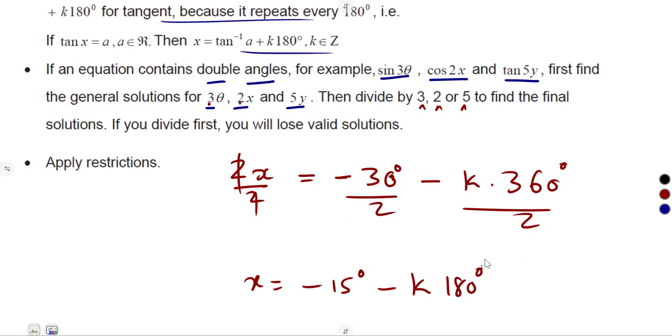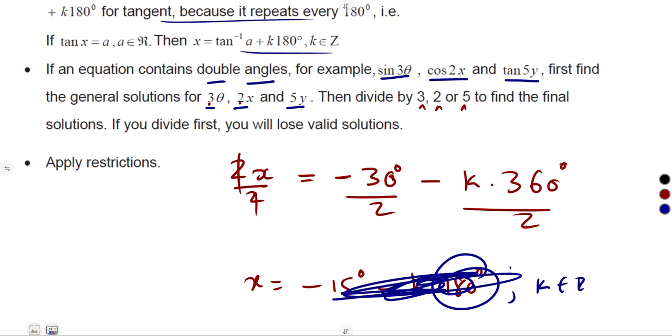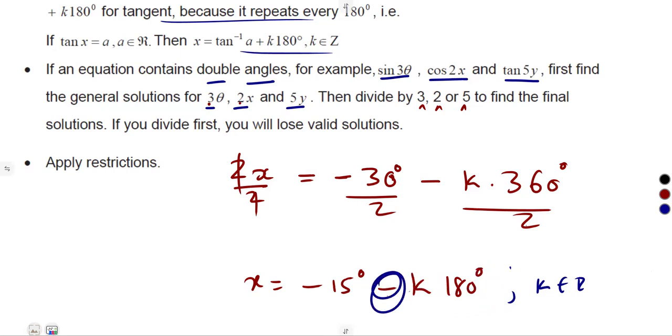It can be written in that manner in simplest form. This part of k times, it can have a negative here. Don't avoid it. When there's a negative, leave that negative as it is.